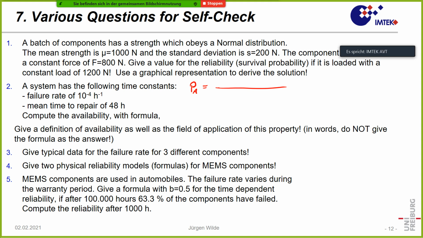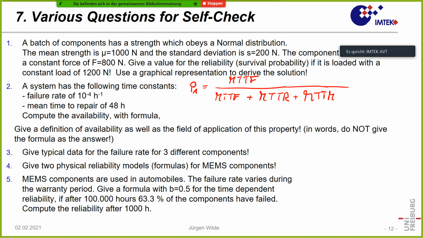And the time when it is operated is just mean time to failure divided by all other times: mean time to failure, or you could also take mean time between failures in that case, plus mean time to repair, or mean time between repairs, plus MTTM, which is mean time to maintenance.